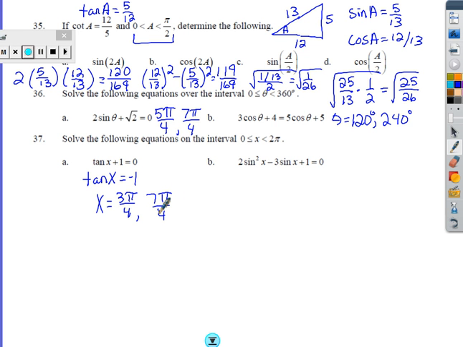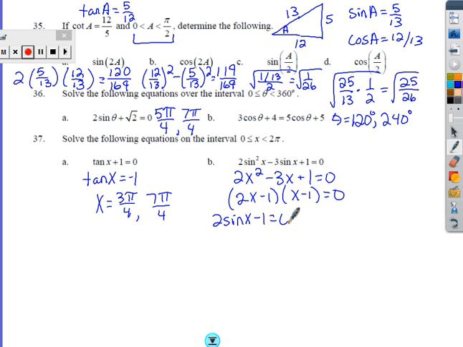Now, I thought it was helpful in this problem to rename the sines to be x's to make this easier to factor. So I see when I make it look like this, that the factors are 2x minus 1 and x minus 1. So now I'm going to replace: 2 sine x minus 1 equals 0 and sine x minus 1 equals 0.